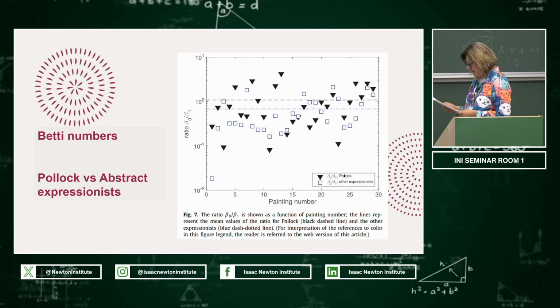Finally, when compared with a normalized value of the Betti numbers, we see that there are several points, Pollock's, represented by the black triangles, that fall within a range of higher complexity, unlike the other works.